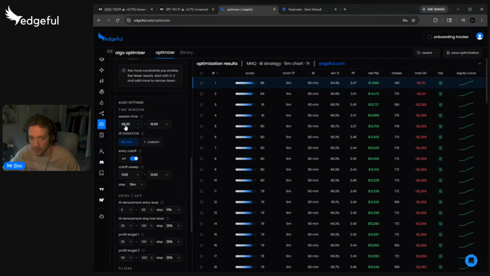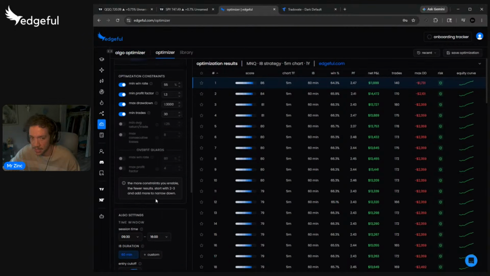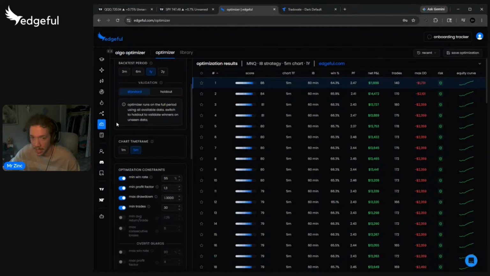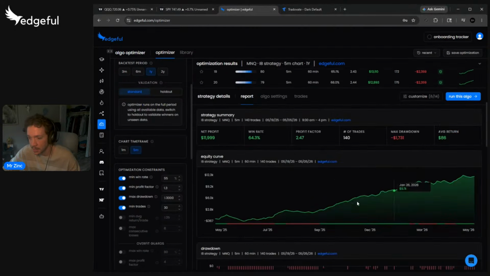So only looking for an entry between 9:30 and 11. And you can set this to whatever you want to use for the IB. I can go and set it to what they have, their IB strategy. But either way, you can see that the important factor here is knowing when the IB is working and when it's not.